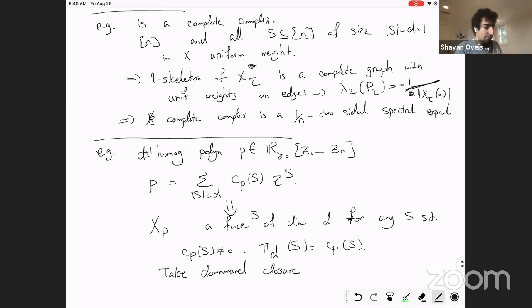Top faces are exactly the monomials, and the weights are exactly the coefficients of the monomials. But I want the polynomial to have non-negative coefficients in order to have a distribution on top faces.